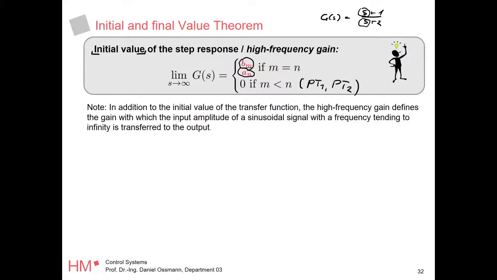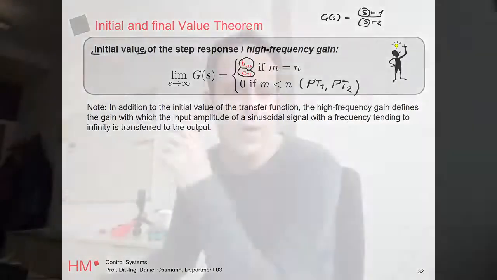If you don't have the same order, you immediately know that your initial value needs to be 0. And this is always true, right? Even for unstable systems. So I give you a transfer function, you take a look at the highest orders of s, and you immediately know your initial value to a step. And this is actually pretty cool, right?